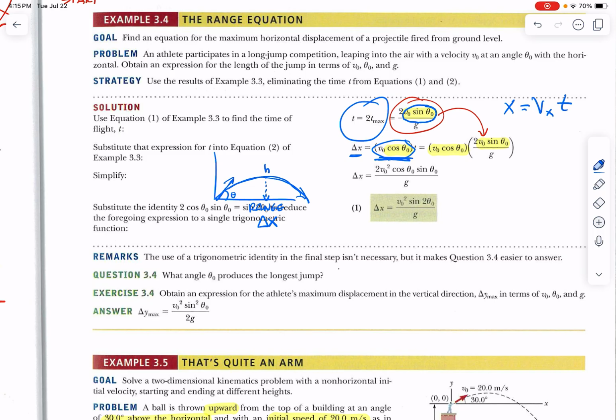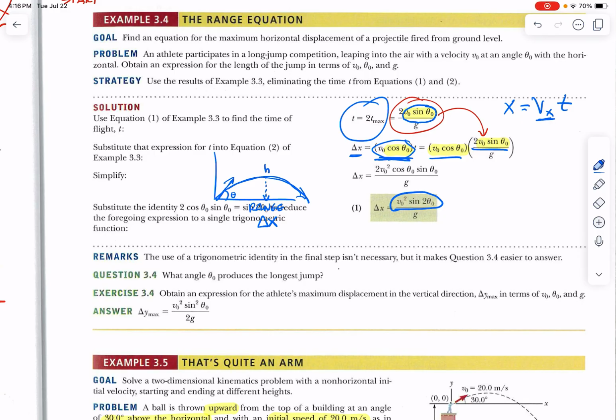And the initial velocity cosine theta is v sub x in my blueprint over here. So when you multiply this times this, if you remember your identity for cosine theta times 2 sine theta, you get this value right here: initial velocity squared sine 2 theta divided by g.